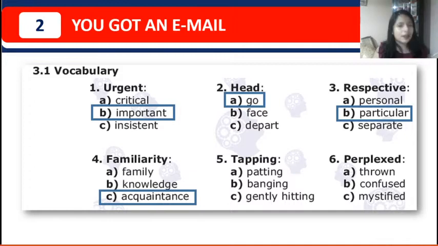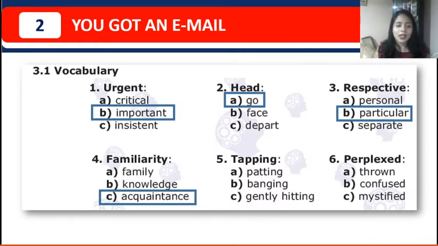Very good. So now we have the number 5. In number 5, same, three options: patting, banging, or gently hitting. Remember, tapping is like doing this with the finger, with the index finger, like this.